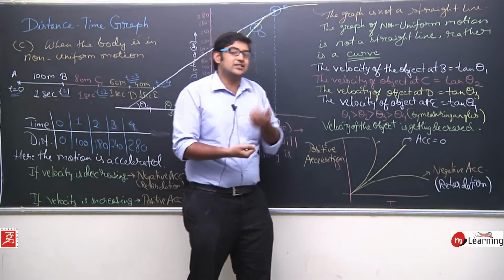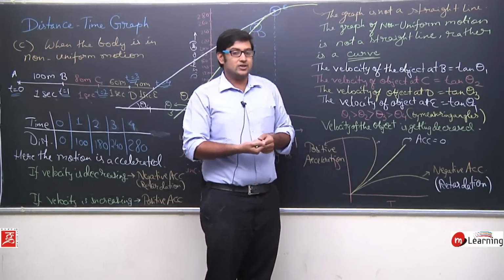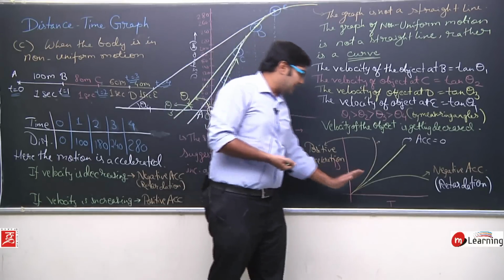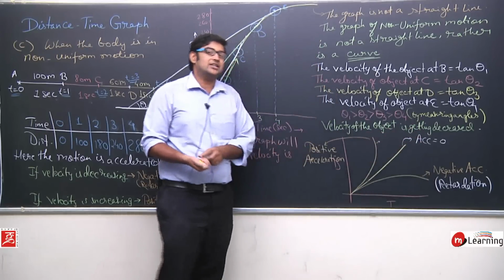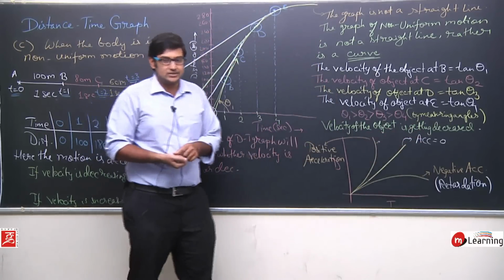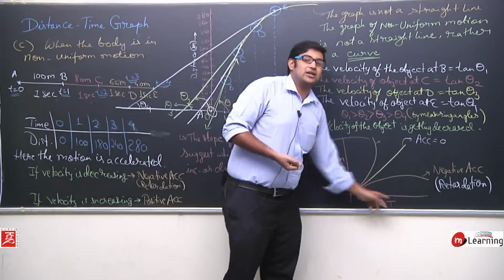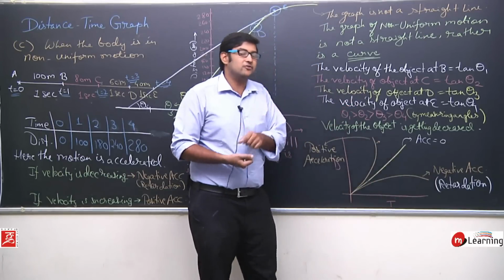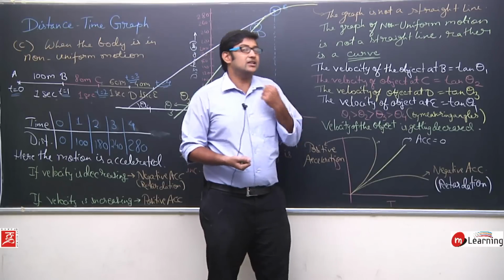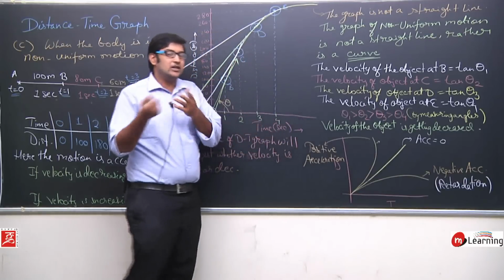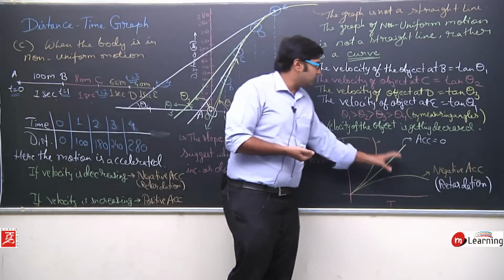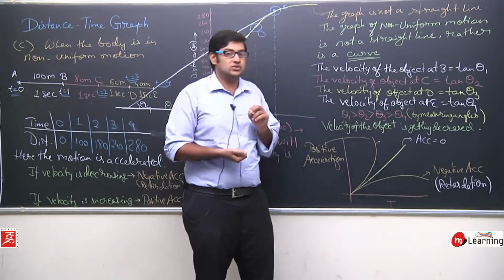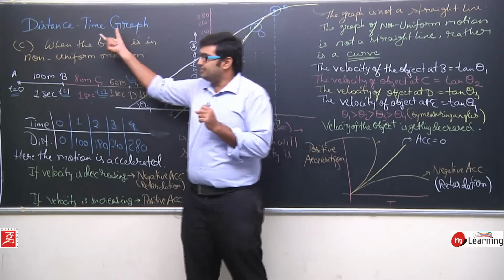So the acceleration is in the direction of velocity, so it is positive acceleration. And when the angle is getting decreased, the acceleration is negative, that is, opposite to the direction of velocity, that is retardation. Okay, so this is the most important diagram which shows the motion of an object which is traveling either in uniform motion or in non-uniform motion. So this is how we can define uniform and non-uniform motion and draw the distance time graphs.